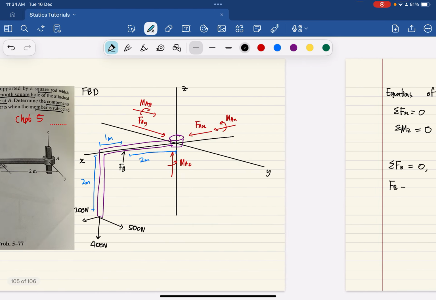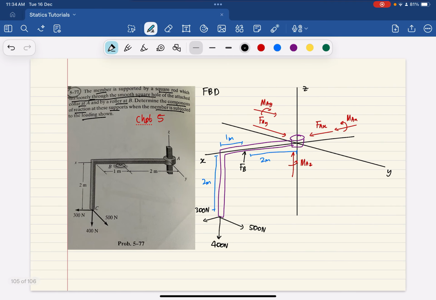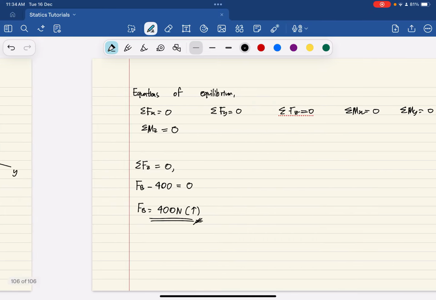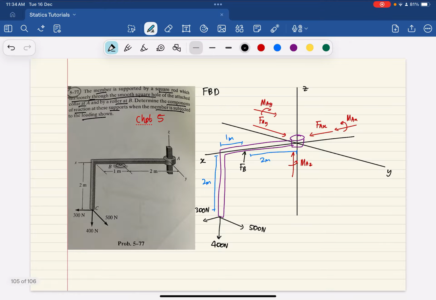There's clearly no support at A, but there is one at B, and then there's a force of 400 Newtons going downwards. So we minus 400, equals 0. So FB is equal to 400 Newtons, going upwards in the Z direction. That's the magnitude for FB. We already found the loading at B. It's a very simple loading.